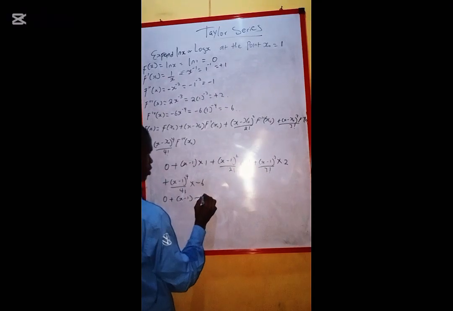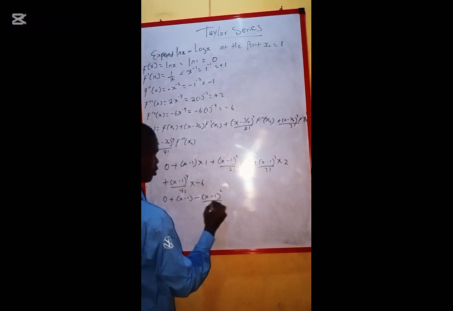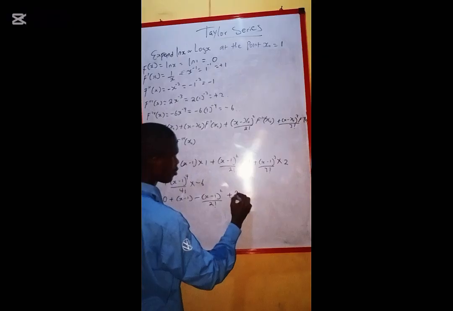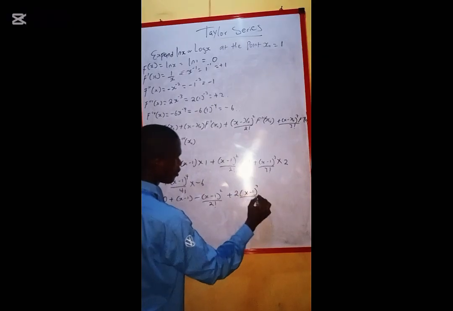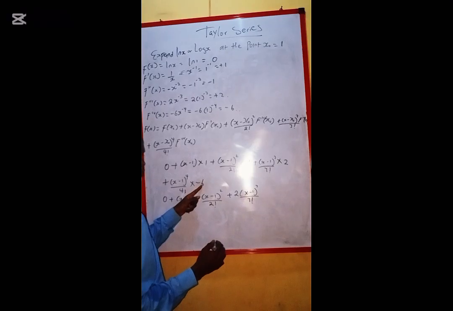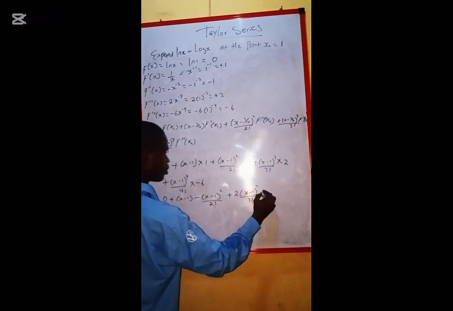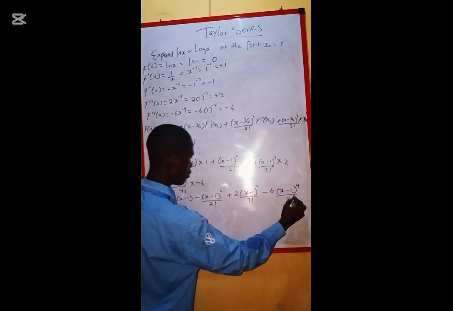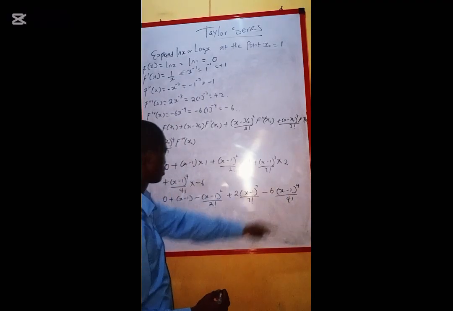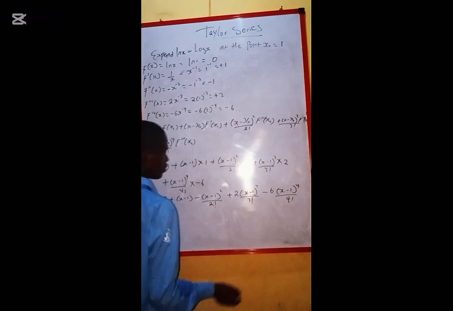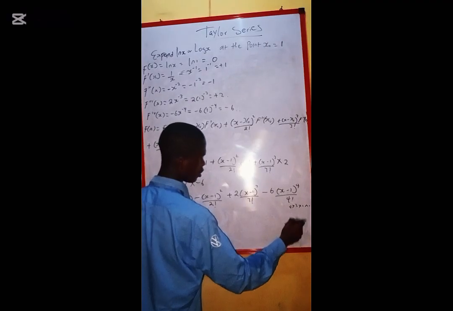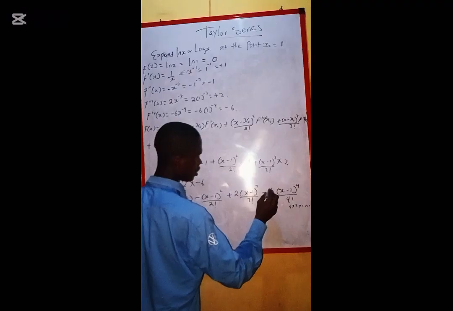So therefore our answer will be 0 plus (x minus 1) minus (x minus 1) squared over 2 factorial, plus 2(x minus 1) cubed over 3 factorial, minus 6(x minus 1) to the 4 over 4 factorial. You can still divide this 4, let's say 4 times 3 times 2 times 1. 2 times 3 is 6, which is 3.